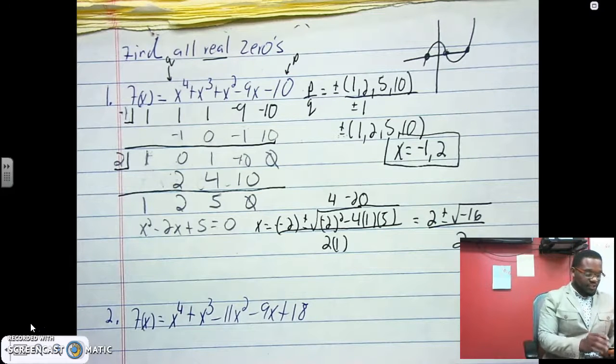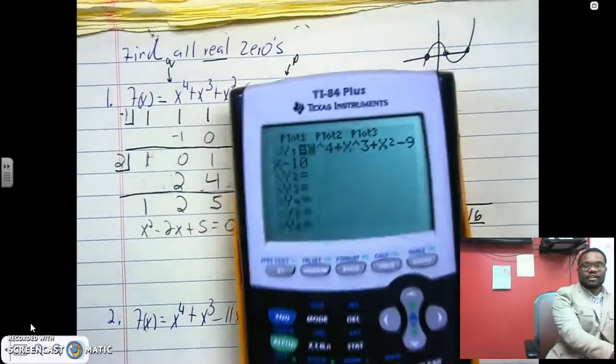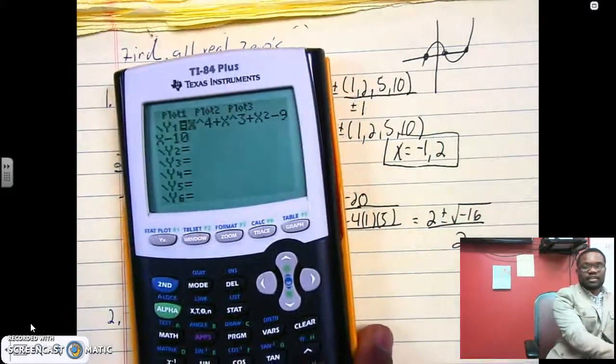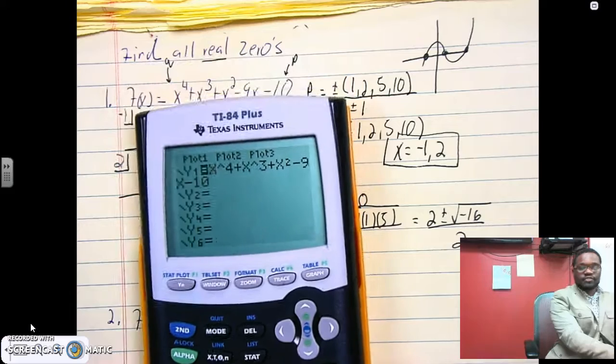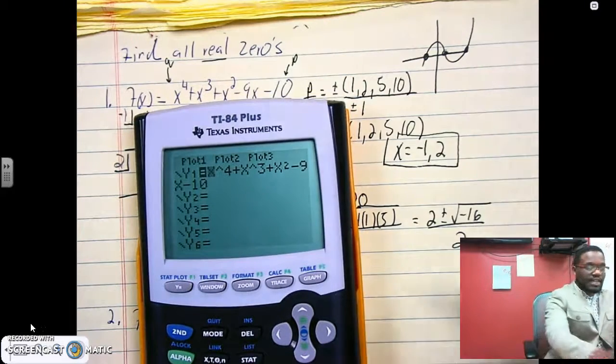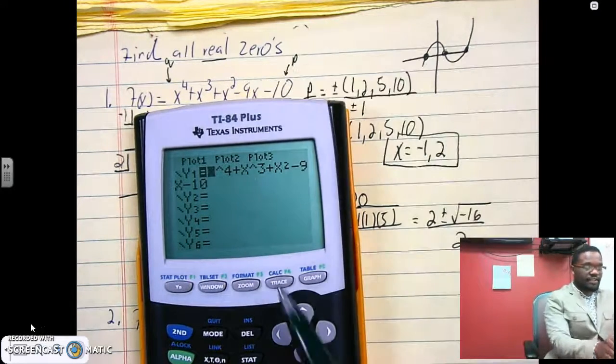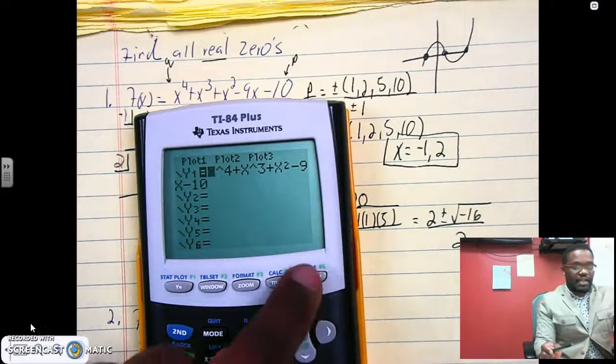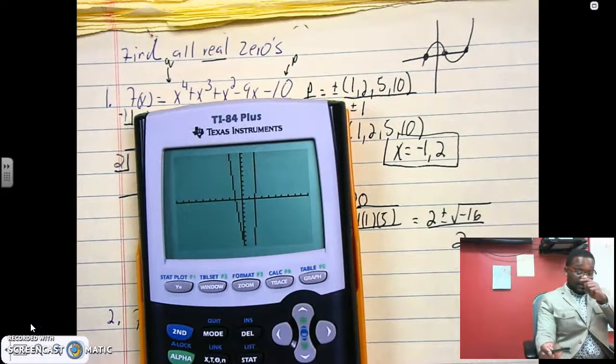Now, what I'd like to do is show you this. This is Graphing Calculator, and what I've done is I've gone ahead and put our original function here into the Graphing Calculator. All right? And so now I hit Graph, and look there. It gives me a small little picture of what this graph looks like.